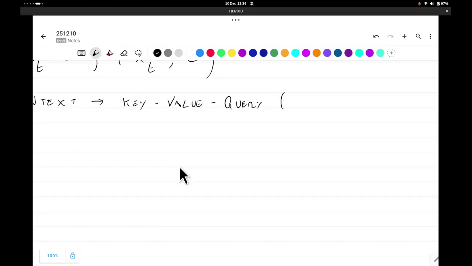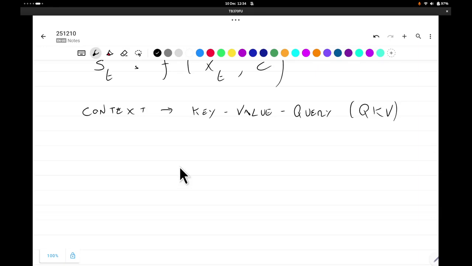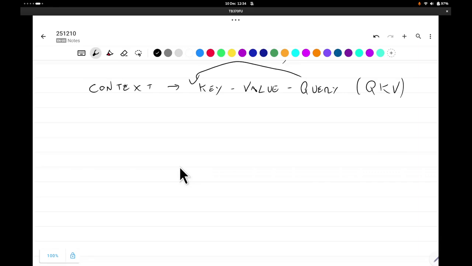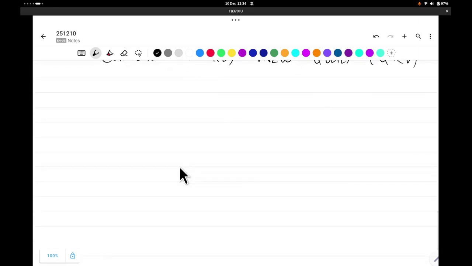So this is Q. Oh, okay, normally it's, okay, so the query is before. Okay. Query, key, value. So we have this idea. Let me just sketch the architecture and then I comment on it.